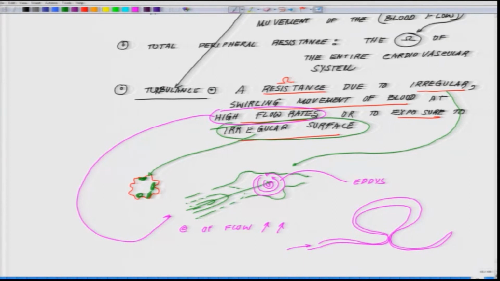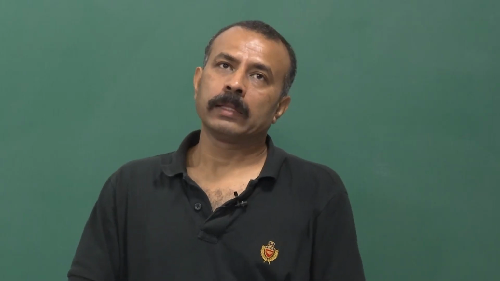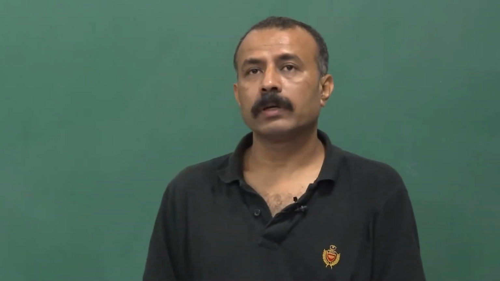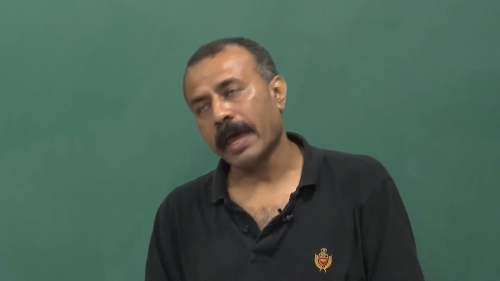So, the blood is coming like this, then it is traveling, and these kinds of irregularities in the structure cause a lot of unusual patterns of flow, which at times may lead to rupture of the vessels, hemorrhage, and several other complications in the vessel.